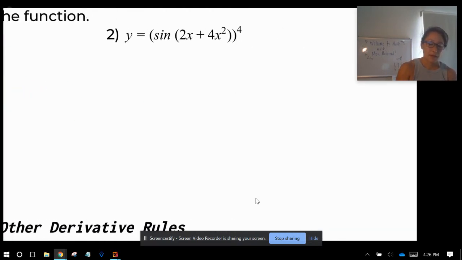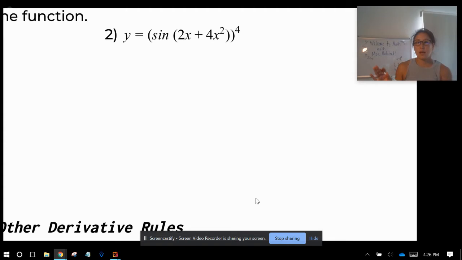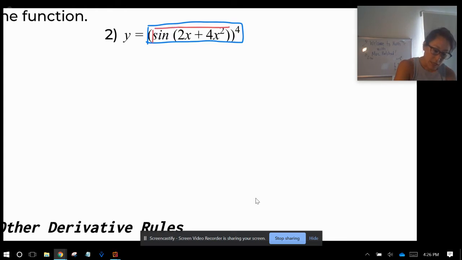Okay, the next one looks funny. So what is our outside function? Our outside function is to the fourth power, and then the inside function is sine.